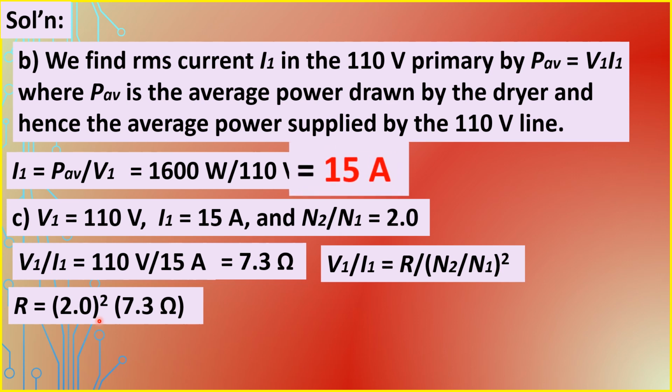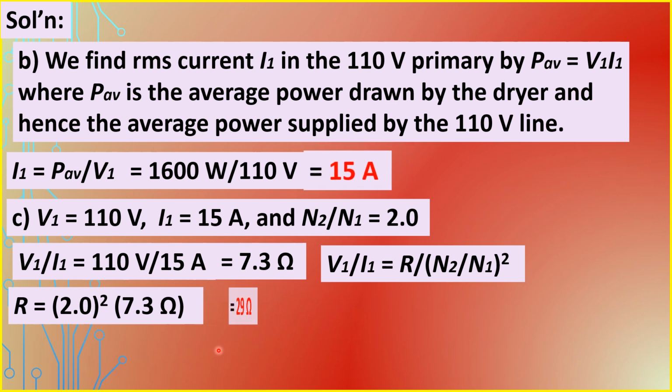This is the turns ratio N2 over N1. You have to square it and then multiply it by the ratio V sub 1 over I sub 1, which is 7.3 ohms. And our final answer, therefore, the resistance big R is equal to 29 ohms.